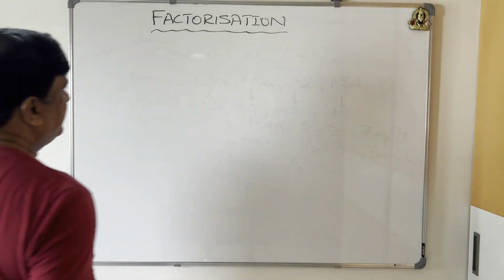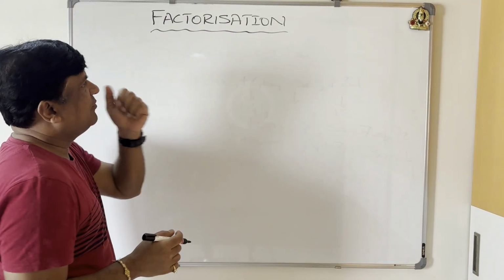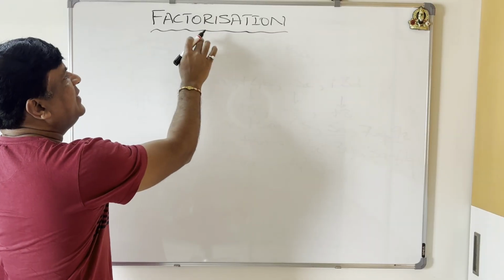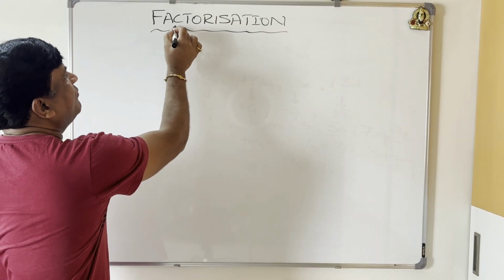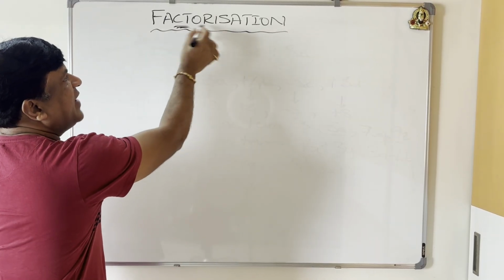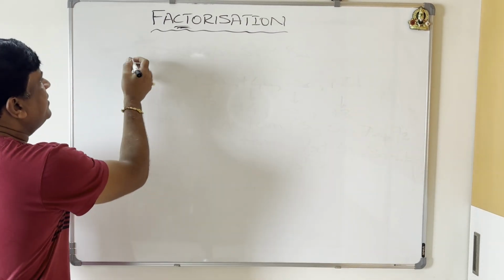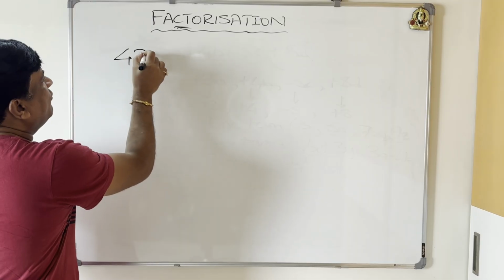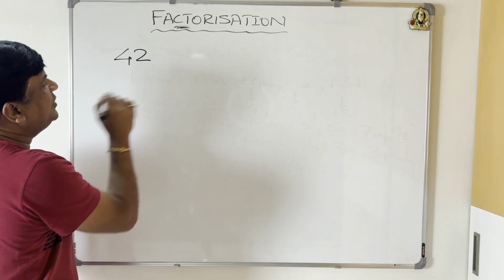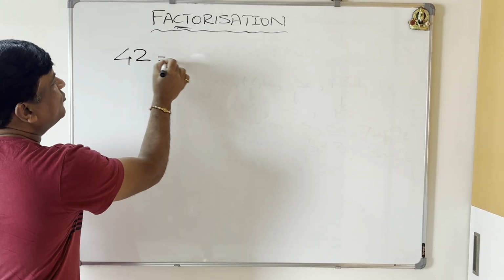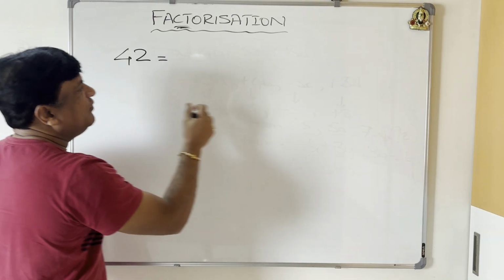Now let's understand what we mean by factorization. It's clear that it comes from the word factors. You have learnt in arithmetic how to find the factors of a number. What are the prime factors of this number? Normally, how do we find them?